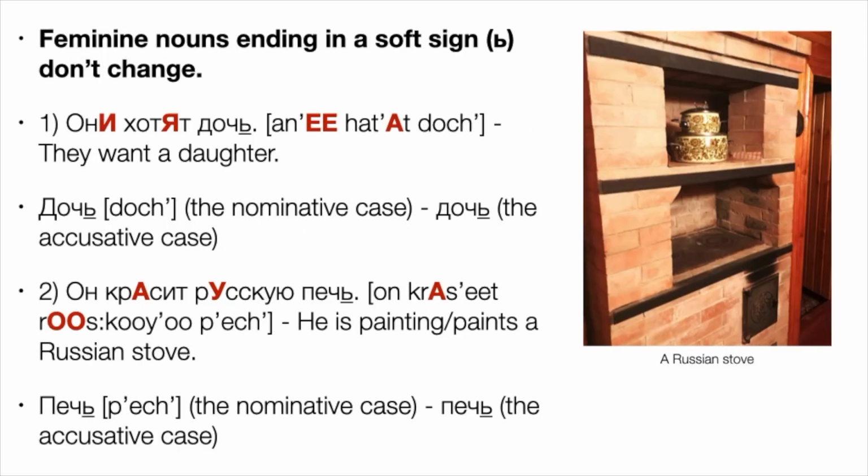Feminine nouns ending in a soft sign don't change. For example, они хотят дочь. Дочь is a feminine singular noun. It doesn't change its ending in the accusative case. Number 2. Он красит русскую печь. Печь is a feminine singular noun. It doesn't change its ending either.